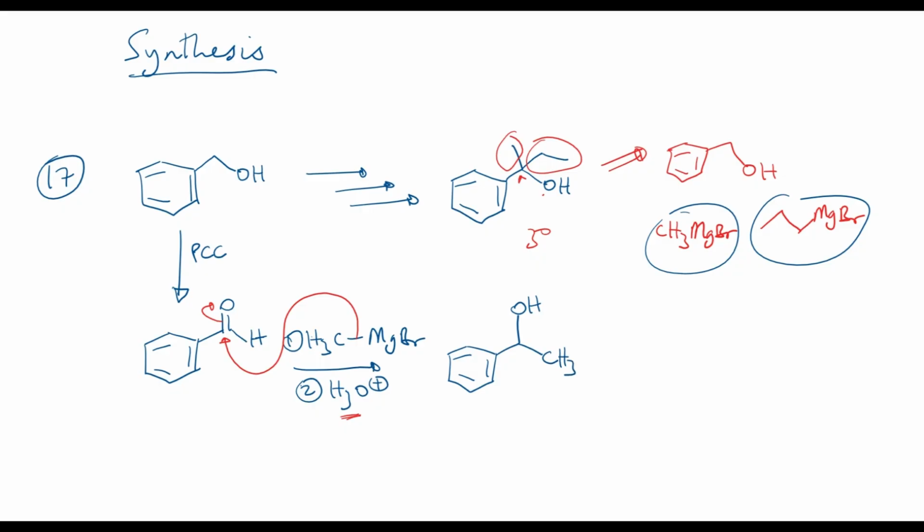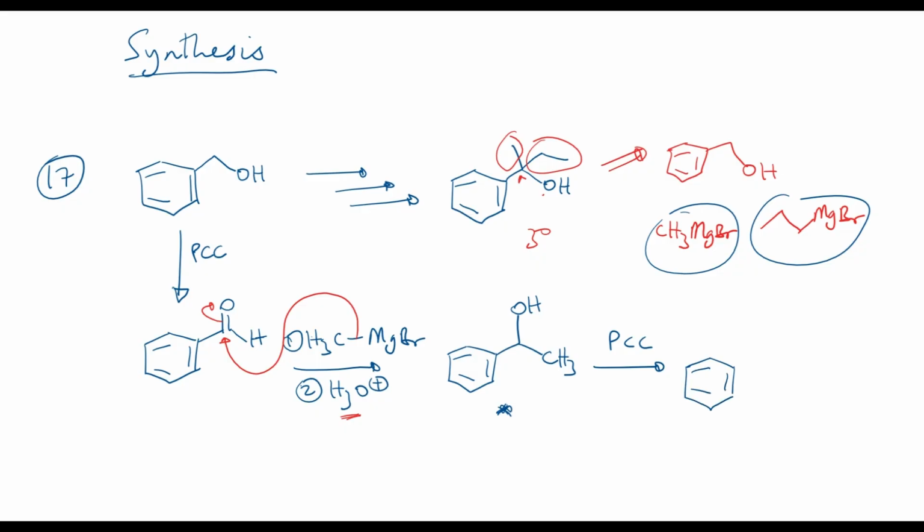Next, we need to attach the ethyl group. However, we will need to convert this secondary alcohol into a carbonyl compound. To do that, again, I will use PCC, or I could use chromic acid, which is a strong oxidant in this case. Whichever one that we use is fine, since the secondary alcohol can only be oxidized once.